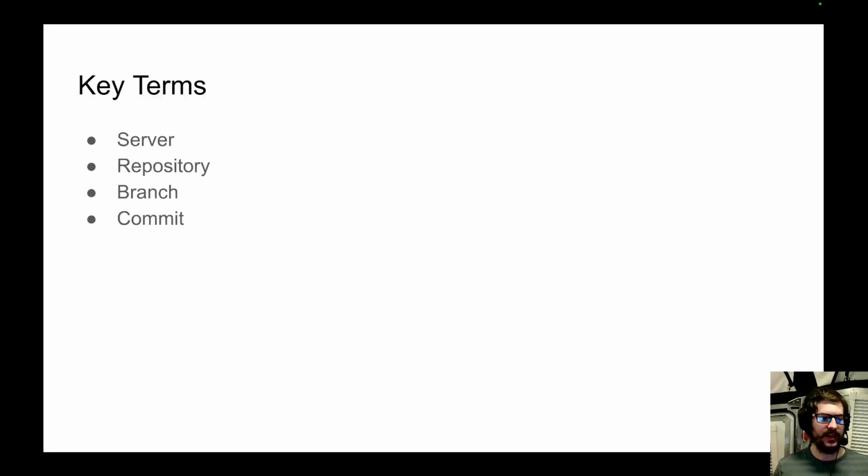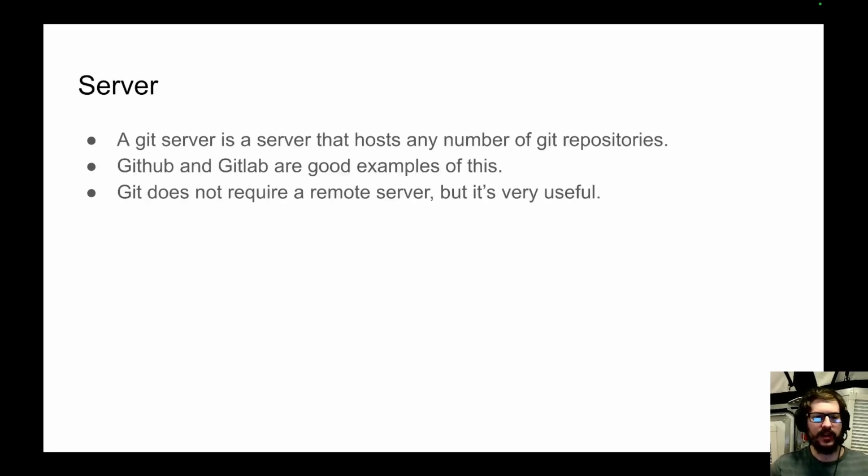Key terms of Git, we'll talk about each one of these in turn: the Git server, the Git repository, branches, and commits. Servers. Git servers are servers that host repositories. They're meant to be external to your computer. You can run a Git server yourself, but the whole idea of Git is that you save your code somewhere else, similar to, for example, Google Drive.